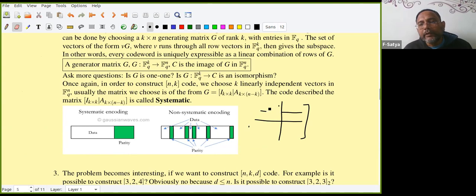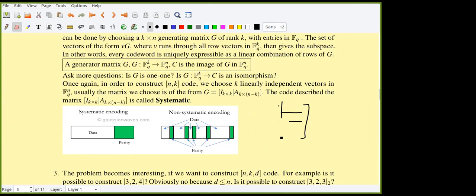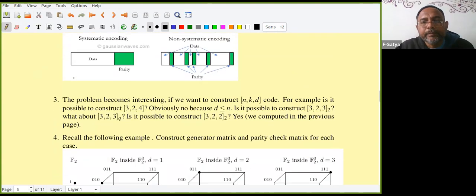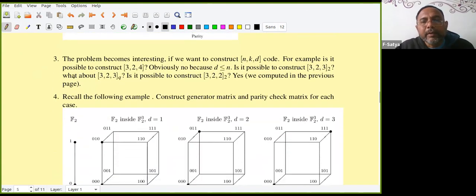I will myself ask you. Let us take the repetition code. Check these things, I will go further. Check that repetition code, you can check easily. The problem becomes interesting if you want to construct an (n, k, d) code.